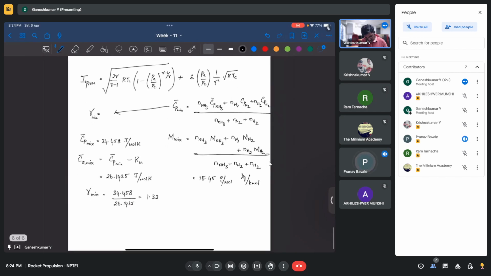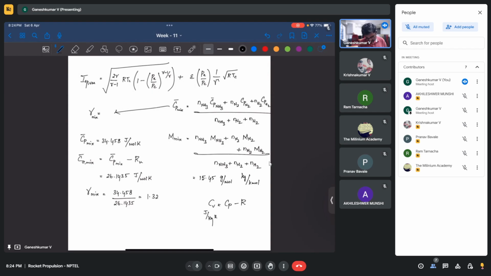Here the R, the gas constant, I think it should correspond to the mixture, right? But we are doing it on a mole basis. If you do it on a mass basis, you should divide by molecular weight. If you do Cv equal to Cp minus R, this is mass basis, all in joules per kg Kelvin.